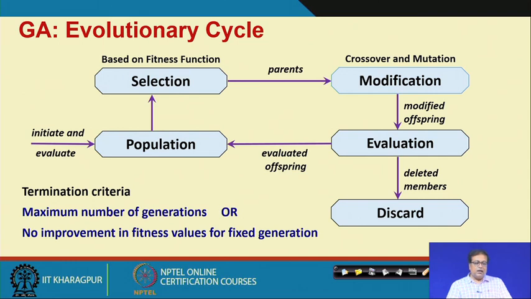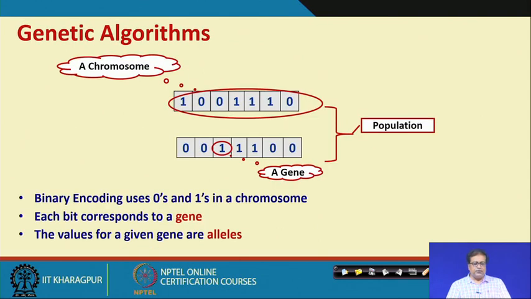So, that is the evolutionary cycle of genetic algorithm through which the process continues.